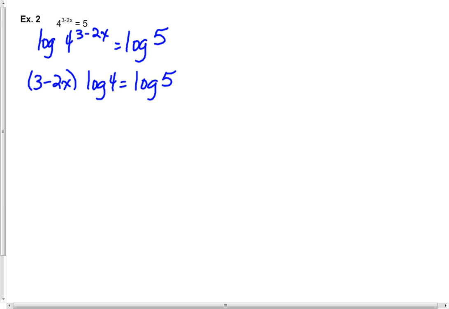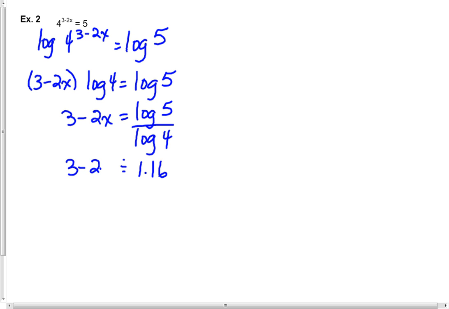I'm going to divide both sides by log 4. Now I'm just dealing with numbers because my calculator can tell me what log of 5 divided by log of 4 is, and it is 1.16.